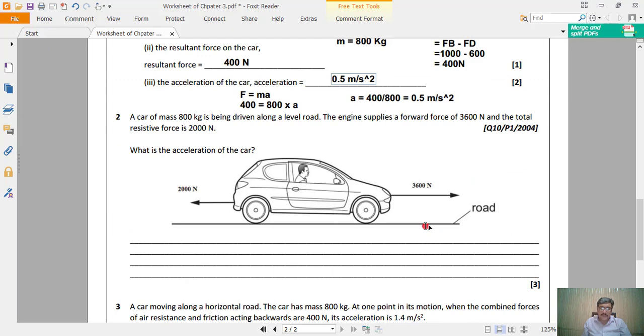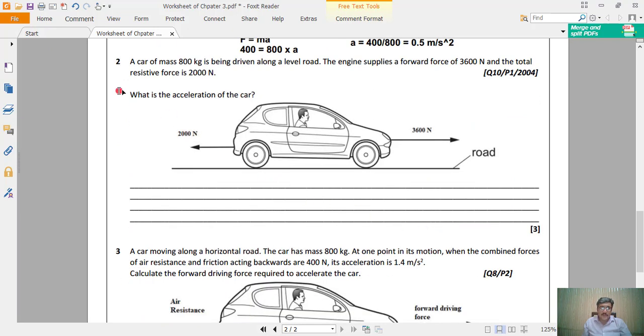After this we have question number 2. In this question, a car of mass 800 kilogram is being driven along a level road. So 800 kilogram is the mass of the car. The engine supplies forward force, that is 3600 Newton.